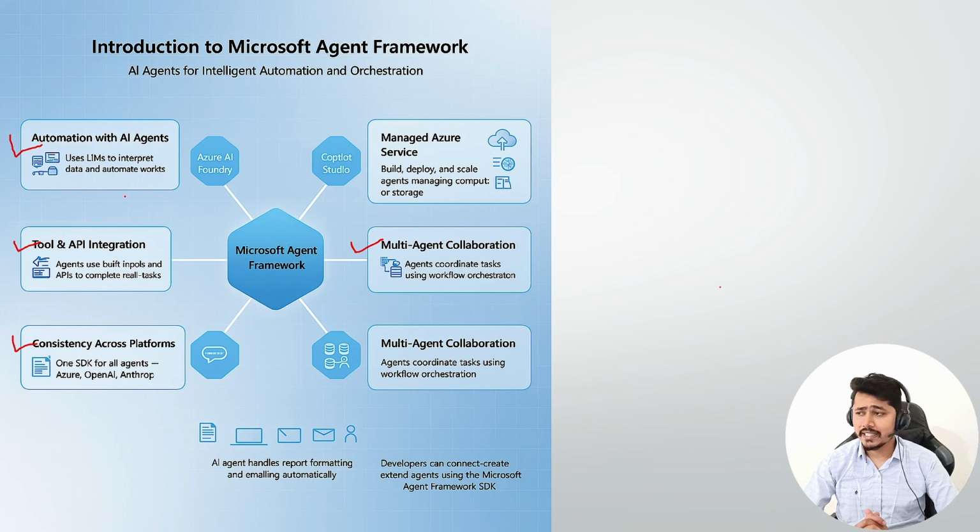You can easily integrate these multiple Azure services into the agentic AI framework and automate those workflows, just like Copilot Studio. And that's how this agentic framework is different from the other frameworks available out there.